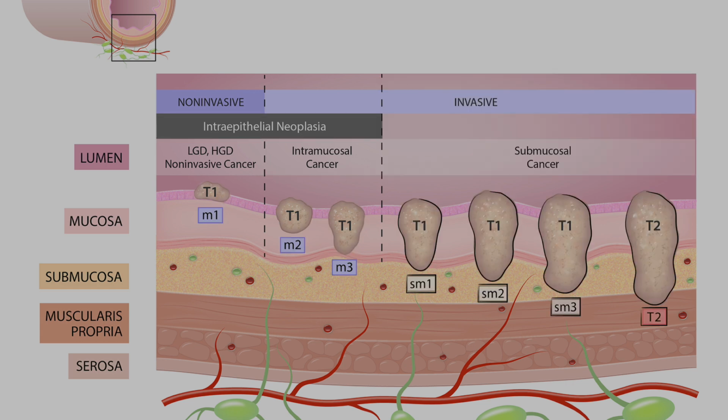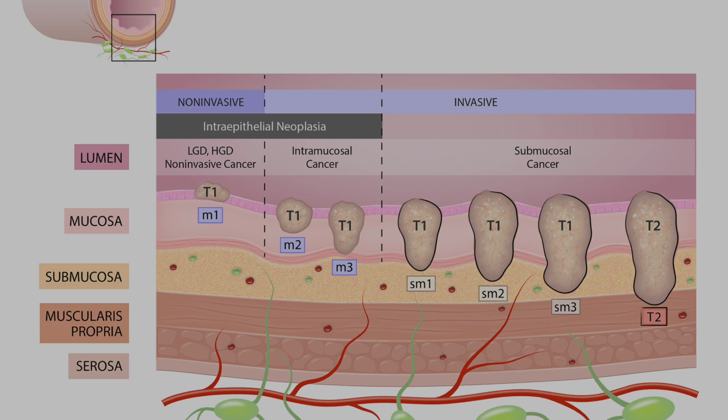But sometimes the lesion goes from the mucosa, penetrating the muscularis mucosa into the submucosa. If it is in the upper one-third, it is SM1, going into the middle one-third SM2, and lower one-third is SM3.